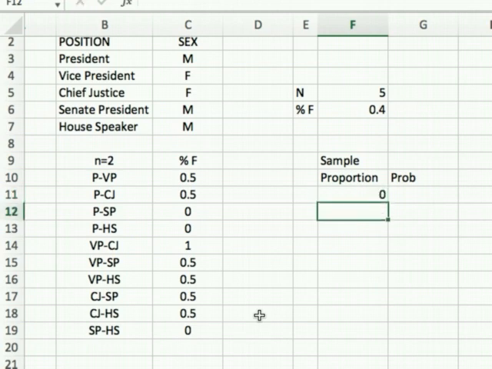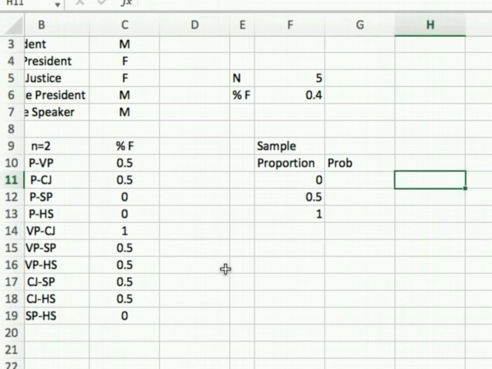We have 0, 0.5, and 1. 0 appeared 3 times. So again, we can construct the frequency distribution first. And then 0.5 appeared 1, 2, 3, 4, 5, 6. That's 6 times. While 1 only happened once.